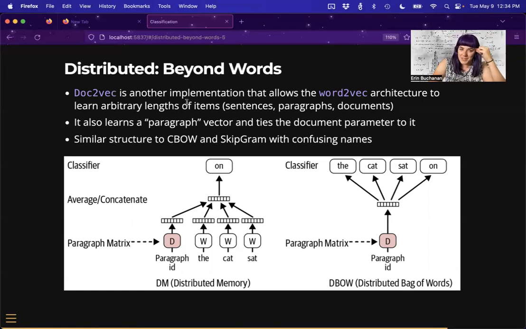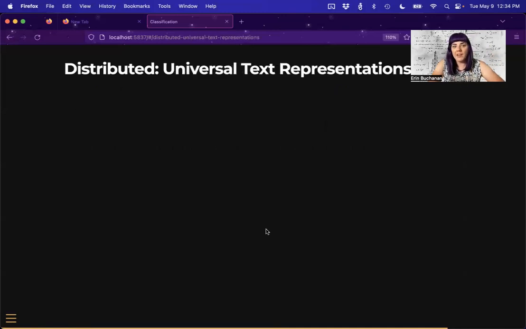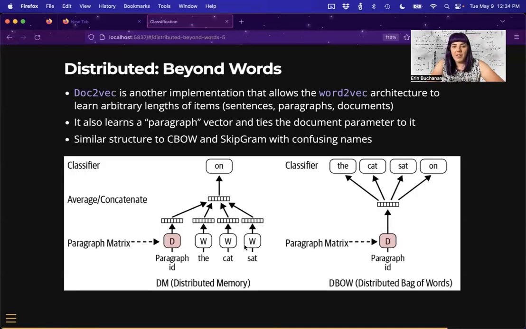So here's the CBOW version on this side, called a distributed memory model. And what it does is it remembers the paragraph matrix, like an identifier, and all the context. So it sums the paragraph identifier with the context. So all of the words get summed together through the hidden layer to predict the individual word. That's a CBOW model with an added paragraph predictor.